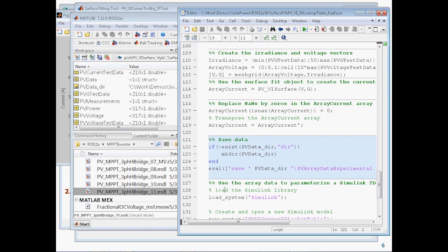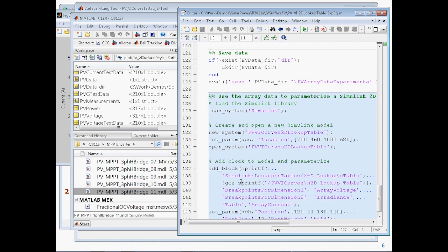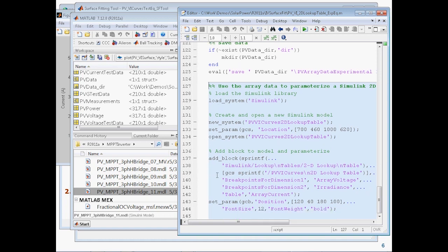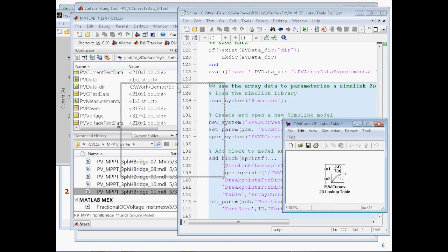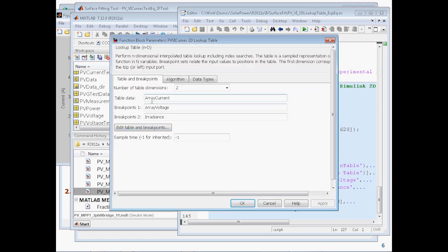I'm going to use that vector of voltages and irradiances and the array current to automatically, and notice that all of these are MATLAB commands, and MATLAB commands that are actually affecting Simulink models, create a model from MATLAB. I have automatically created a model, brought in a lookup table block from one of the Simulink libraries, and populated that lookup table block with the array current, array voltage, and irradiance values that I had calculated previously.